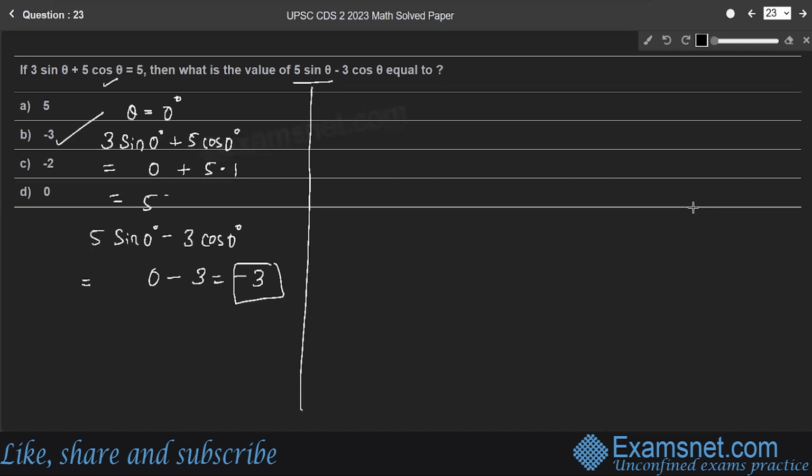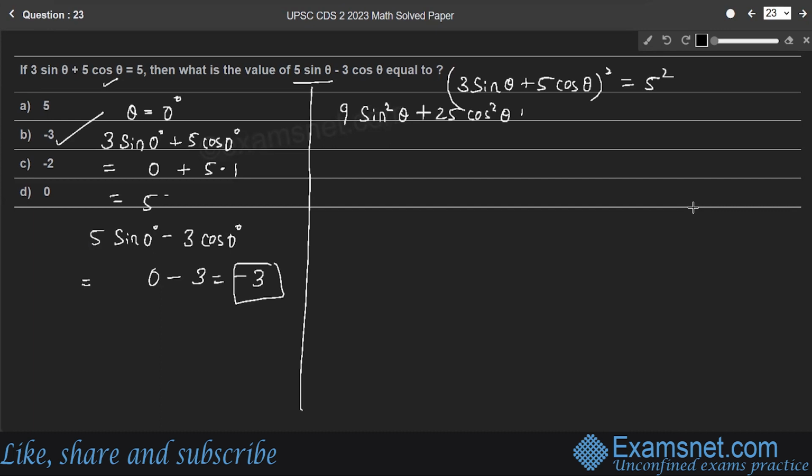Another method is, we'll consider the given equation 3 sin theta plus 5 cos theta is 5. We'll take the square of the given equation, right? So 3 sin theta plus 5 cos theta, the whole square is equal to 5 square. Expand this. You will get 9 sin square theta plus 25 cos square theta, right?